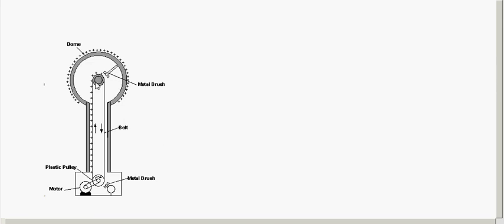One pulley is at the ground level and another is at the center of this large spherical shell. The belt is continuously kept moving using a motor. The motor drives the two pulleys, and the belt continuously moves.